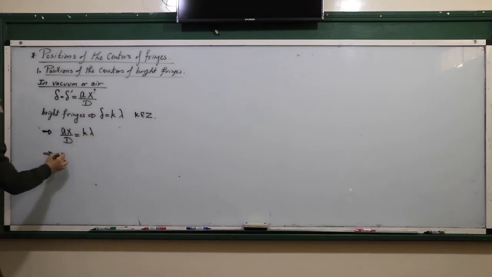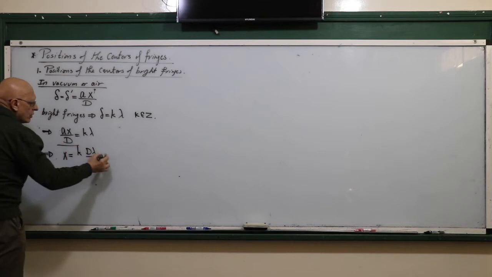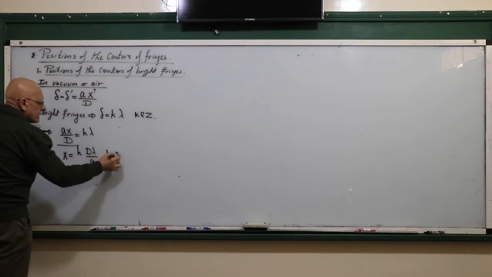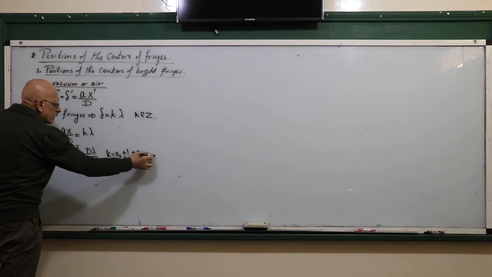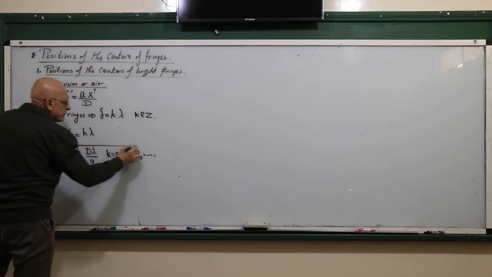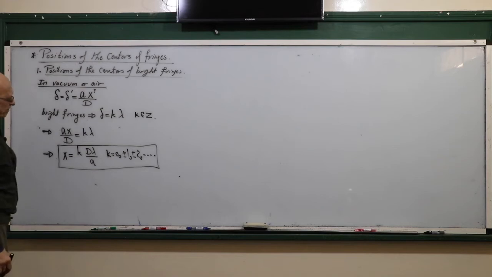This implies X is equal to k D lambda over A, where k equals 0, plus or minus 1, plus or minus 2, etc. Okay, this should be memorized.